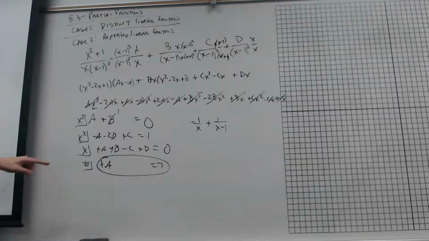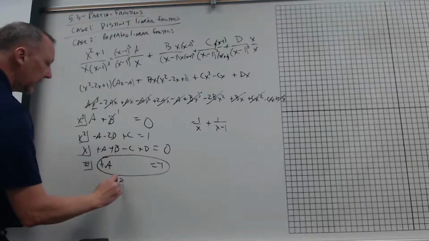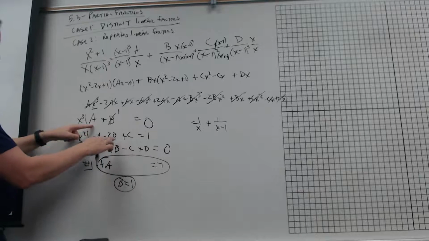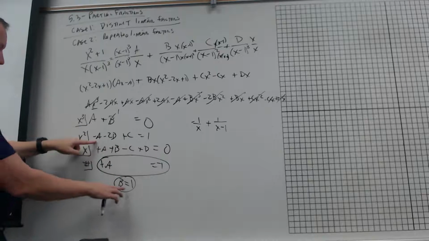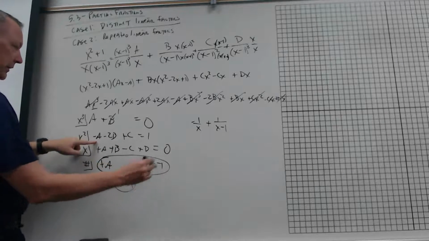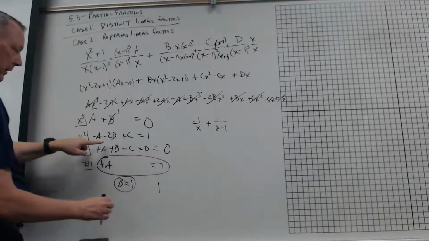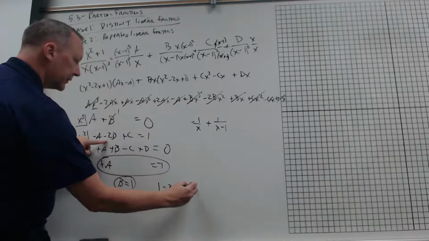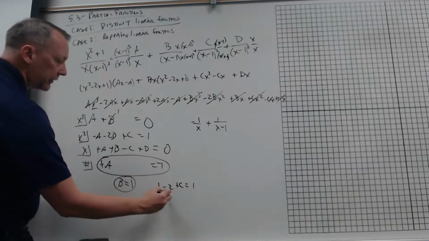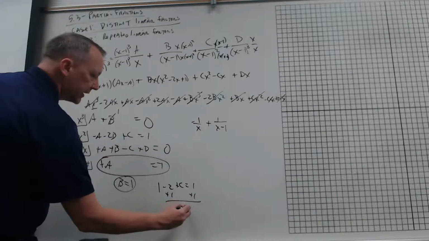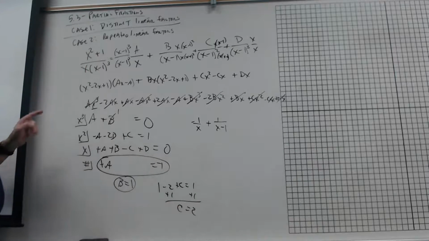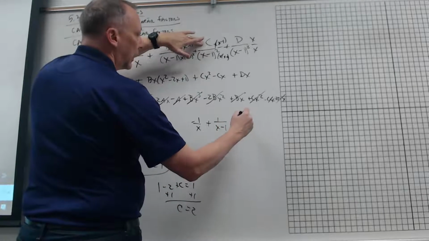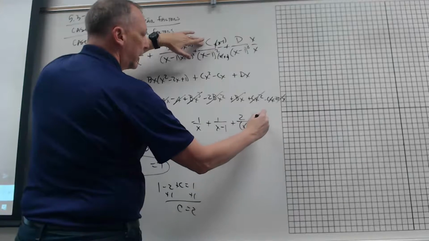All right, so a is negative 1, b is 1. So we can do this one now. Negative a is going to be positive 1, minus 2 times 1, minus 2, plus c equals 1. So that's negative 1. So if I add 1, c equals 2. That's going to be 2 over x minus 1 squared.